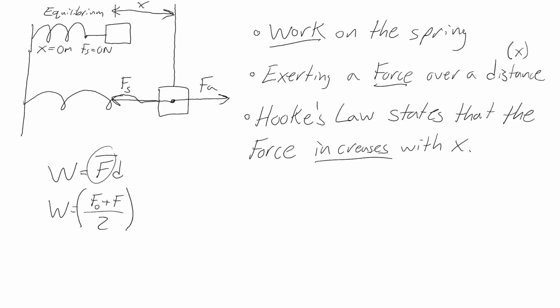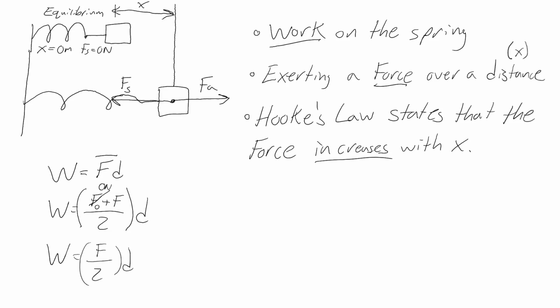That's your average force times the displacement. So we're still just doing W is equal to FD. We're just using the average force. That's an important thing, though, because remember, if it's at equilibrium, you're not exerting any force. So the initial force is 0 newtons. So now we have F divided by 2 times D.